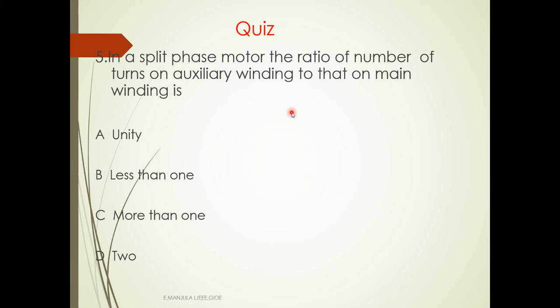In a split phase motor, the ratio of number of turns on the auxiliary winding to that on the main winding is less than 1.